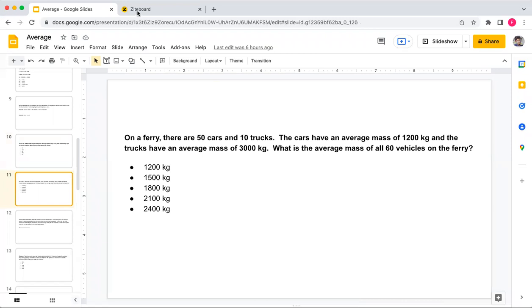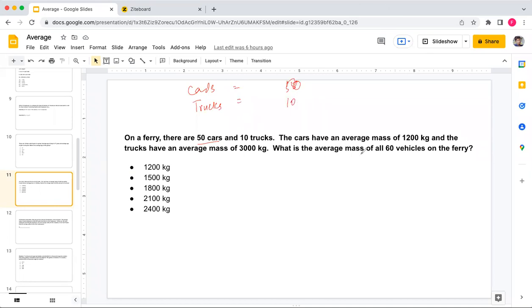Quickly try this question, and this time try to solve this using the scale method. Now, if I try to solve this using the scale method, there are 50 cars and trucks are equal to 10.